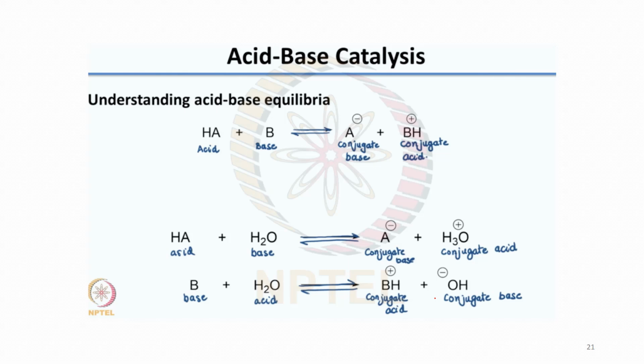So understanding the acid-base equilibrium, if to an acid we add a base, what will it form? It will form a conjugate base and a conjugate acid. The base will take up a proton from the acid and form the conjugate acid, leaving a conjugate base.